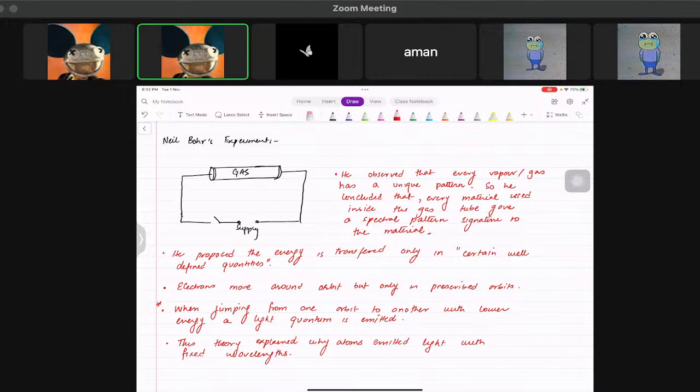You can supply energy in three ways basically. You can heat them up, you can supply electrical energy, or you can supply light energy. Do you understand what I'm saying? Yes, sir. Okay. So according to him, electrons keep on revolving around in an atom in their prescribed orbits. Do you understand?